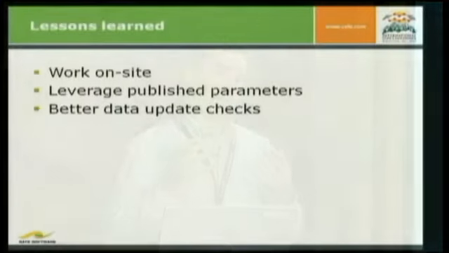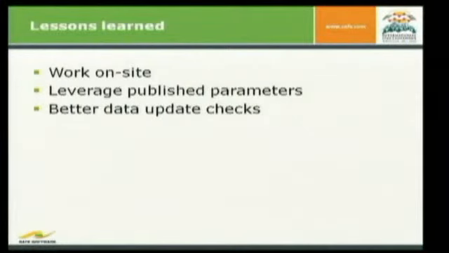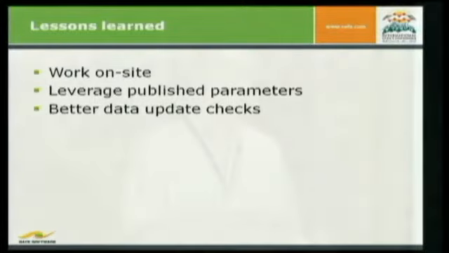Walking away from the project, our lessons learned are that, because they had so much data and their system was pretty complex, there's no way that we could replicate that into our own site. So next time, if we're going to do a project like this, we should work on site, because working through Citrix or VPN is just too slow, and oftentimes you couldn't even see the animations in Google Earth because of that.